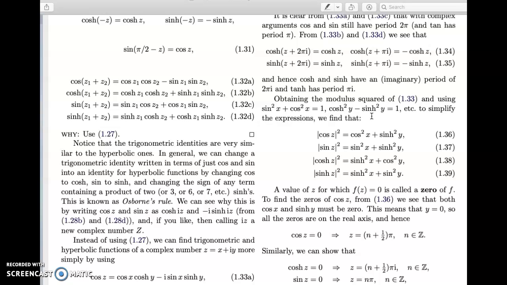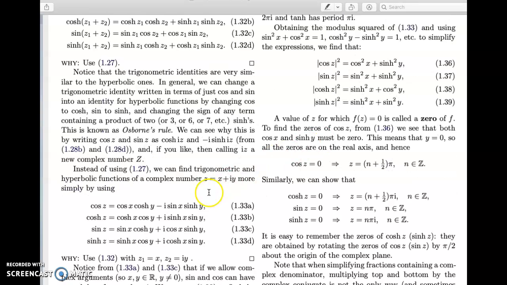The following are sometimes useful. If we want to know what the modulus squared of a trig or hyperbolic function is, for example, the modulus squared of cos z, we can get it from this squared plus this squared. It's the real part squared plus the imaginary part squared.